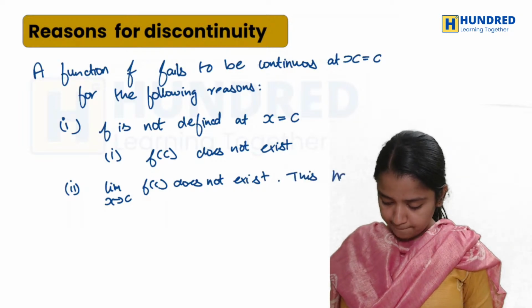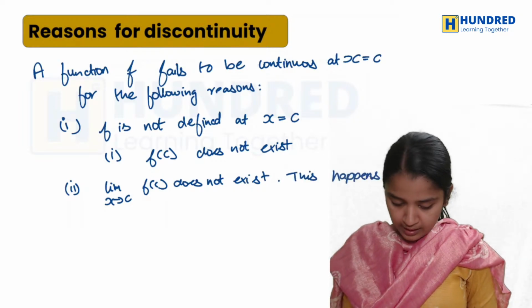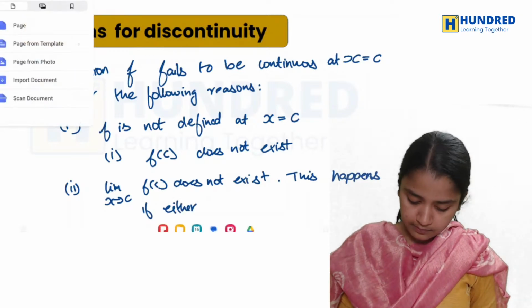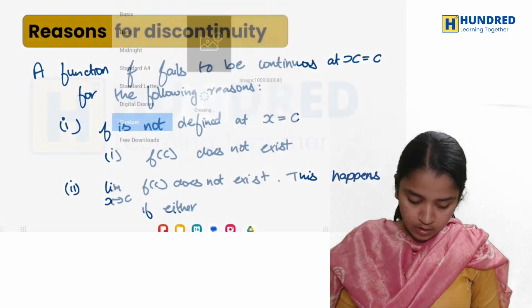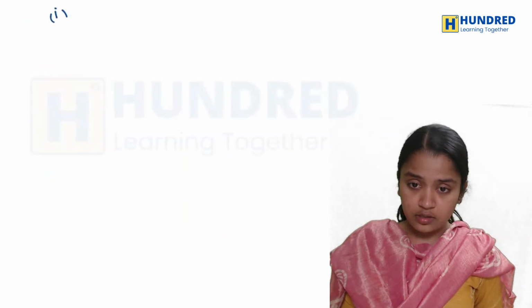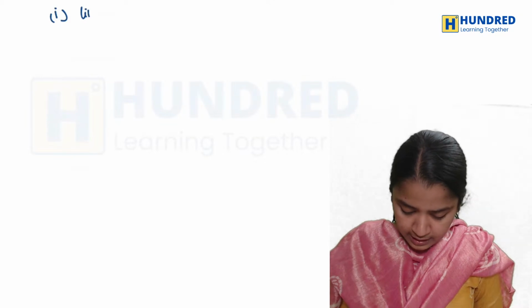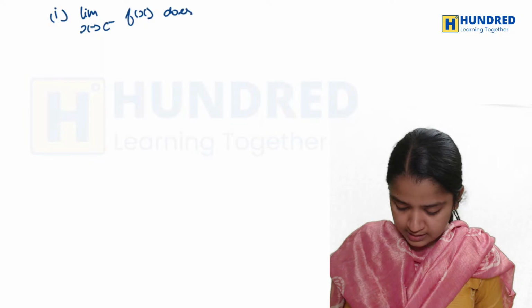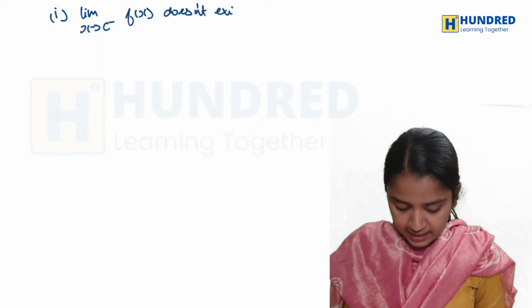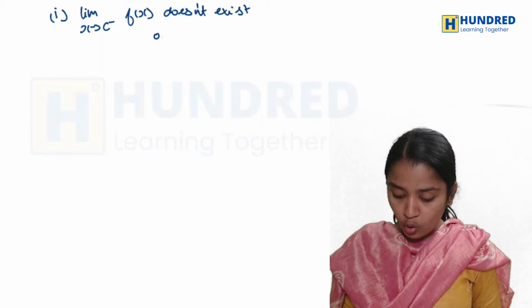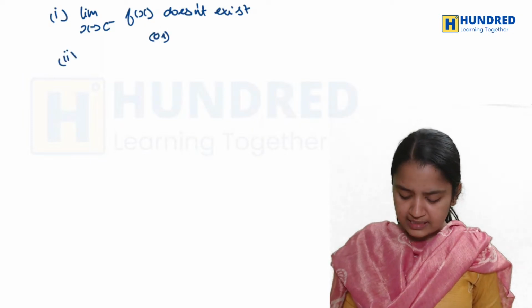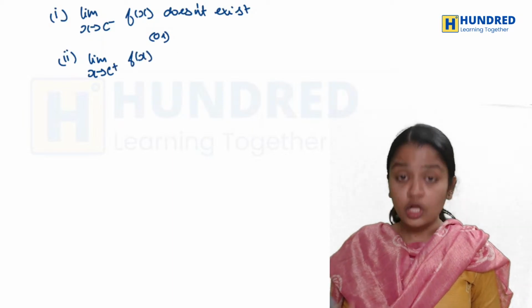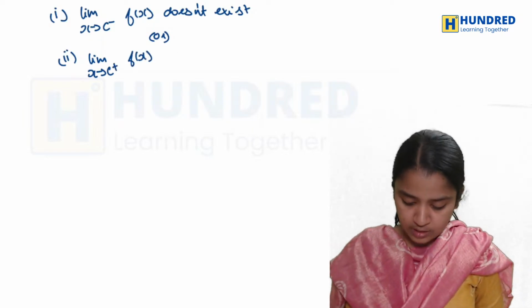So this happens if either the limit as x tends to c minus of f(x) does not exist, or the limit as x tends to c plus of f(x), your right hand limit, does not exist.